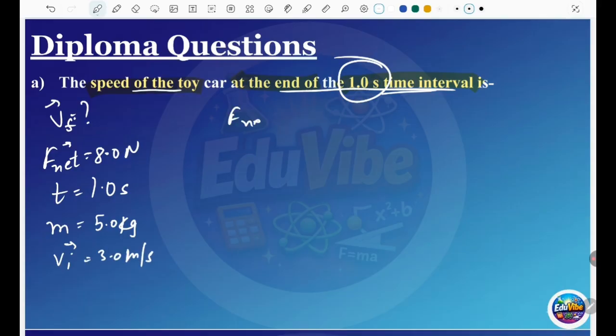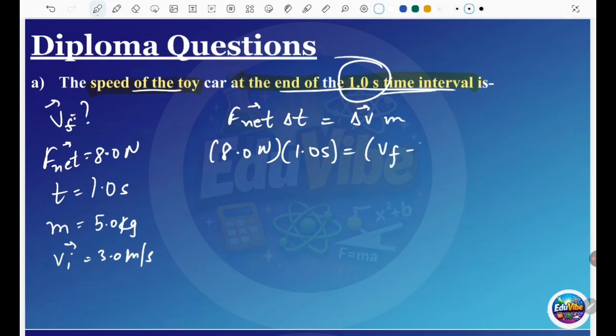We know the formula: net force times delta t is equal to delta v times m. The net force is 8.0 newtons, time is 1.0 seconds, delta v is final minus initial, initial is 3.0 meters per second, and mass is 5.0 kg.